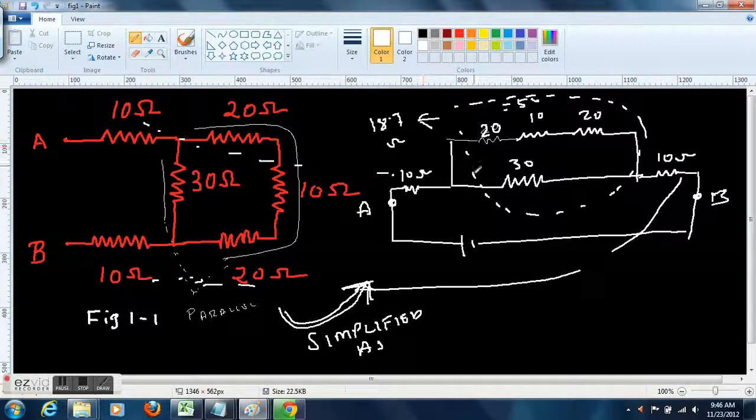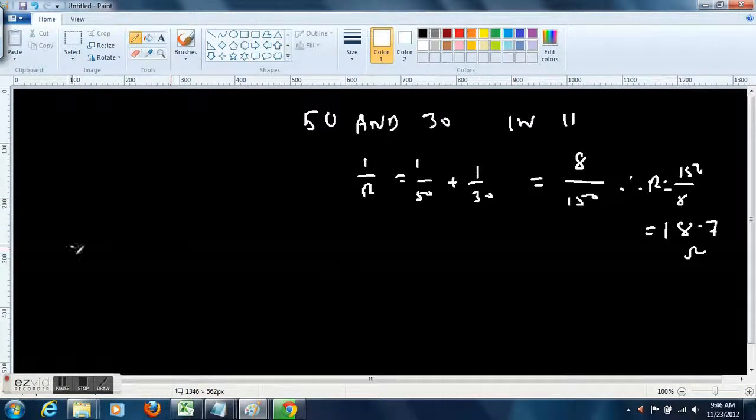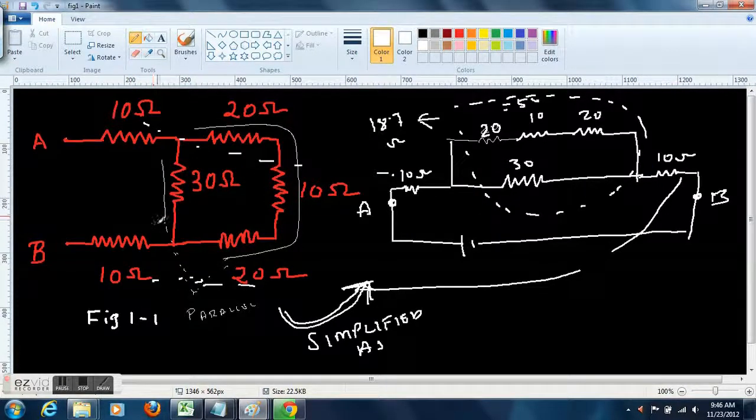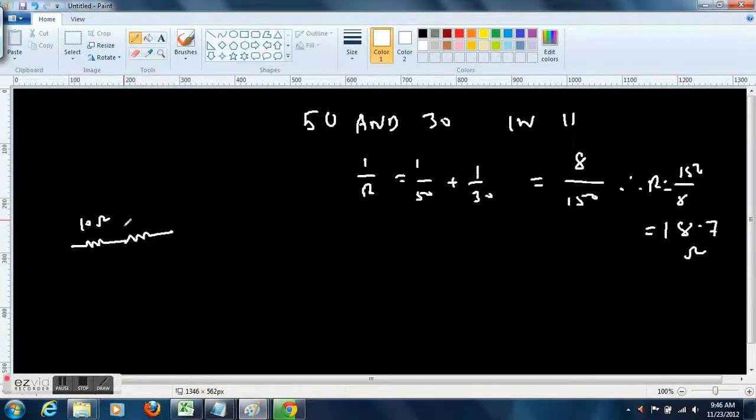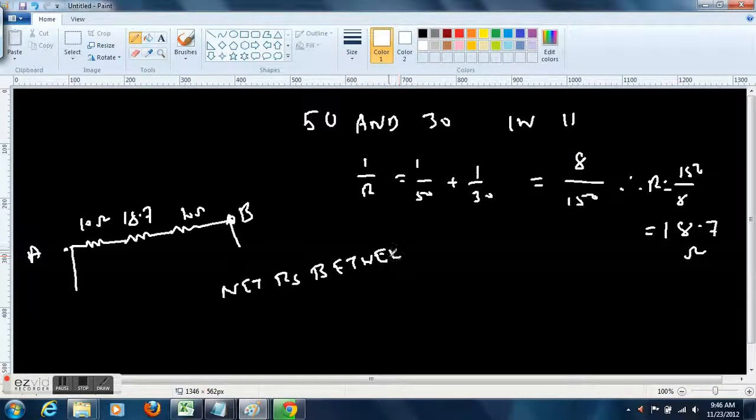Now you see it is a lot simpler. So there is a 10 ohm, then there is 18.7 ohm, and there is another 10 ohm. So this is 10, this is 18.7, and then the next 10. So what is the net resistance coming from here? And these are the points A and B. So net resistance is 10 plus 18.7 plus 10.